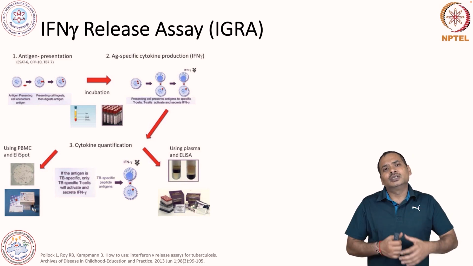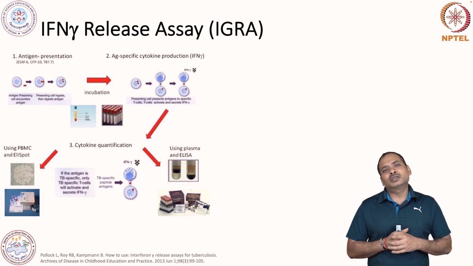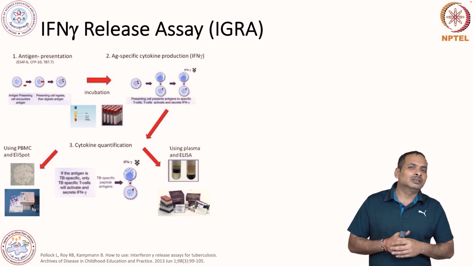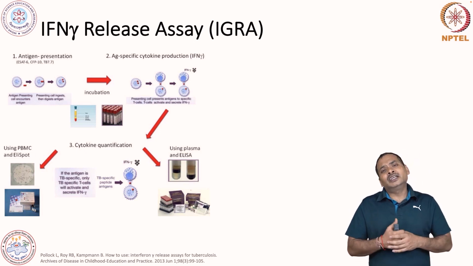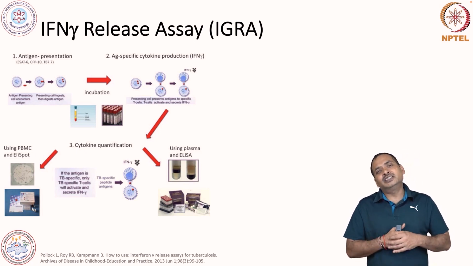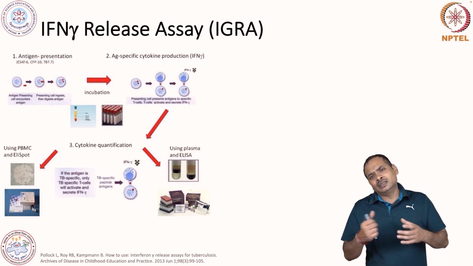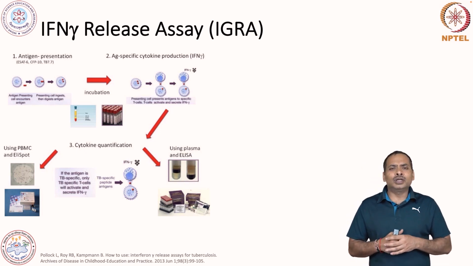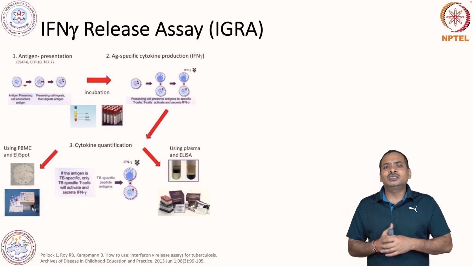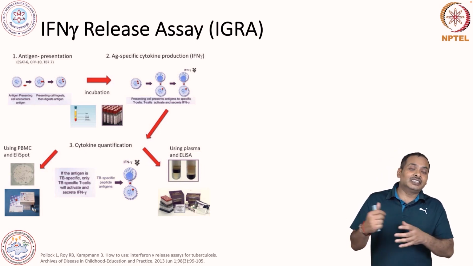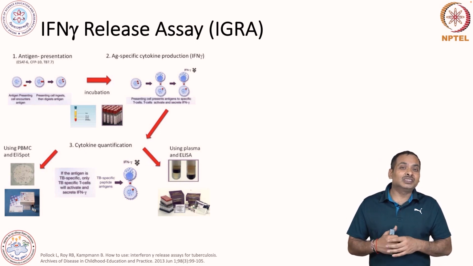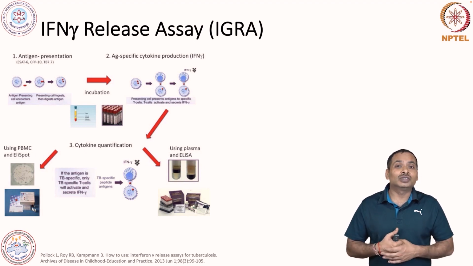You know that once Mycobacterium tuberculosis is taken up by the macrophages, they will express their antigen along with MHC class 2 molecule, and this is presented to the Th1 cell, and this antigen specific Th1 cell will produce interferon gamma.